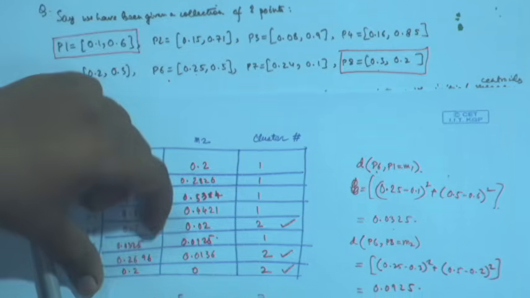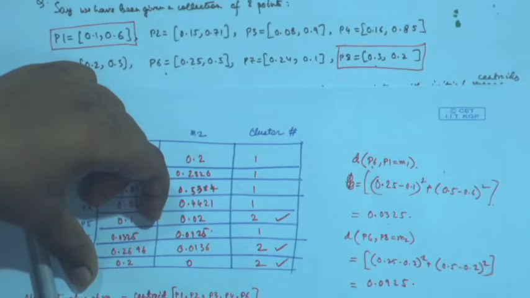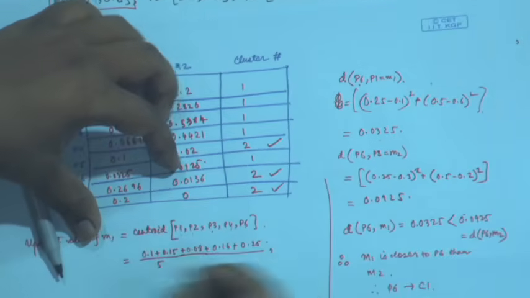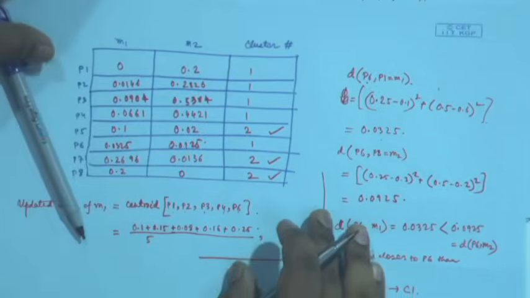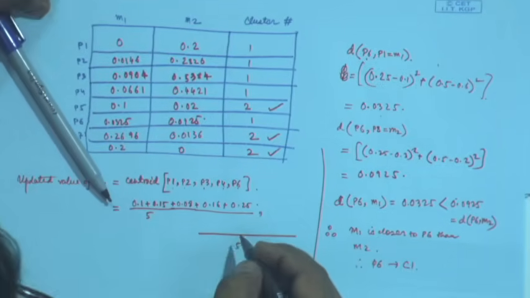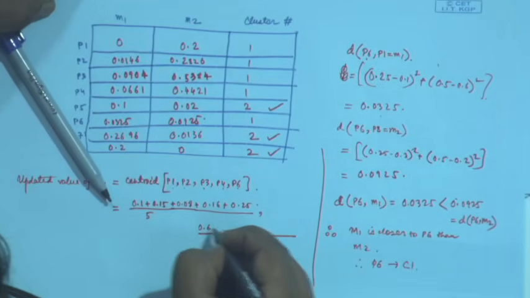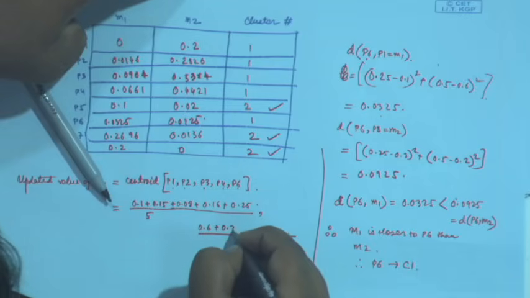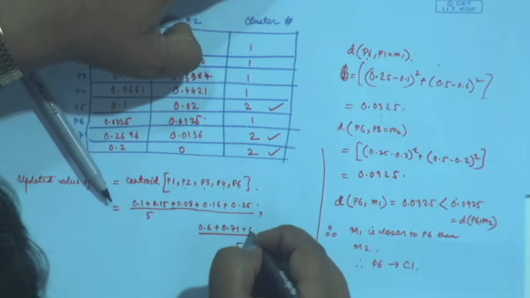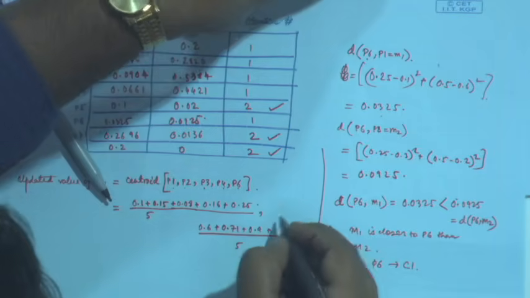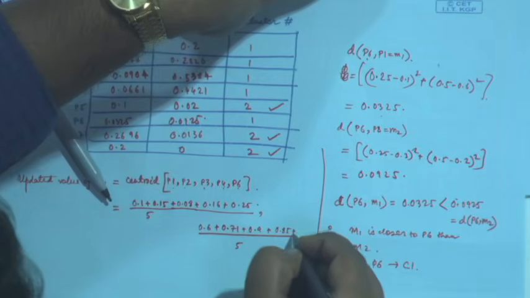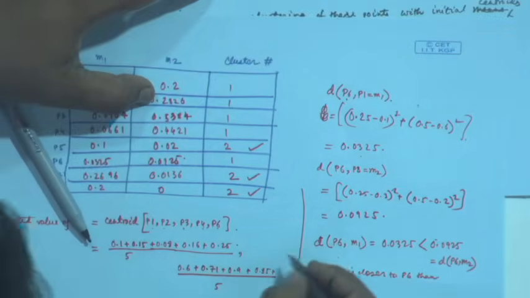So the x coordinate is this, and the y coordinate is again divided by 5, and then P1's y coordinate is 0.6, P2's is 0.71, P3's is 0.9, P4's is 0.85 and P6 is 0.5.